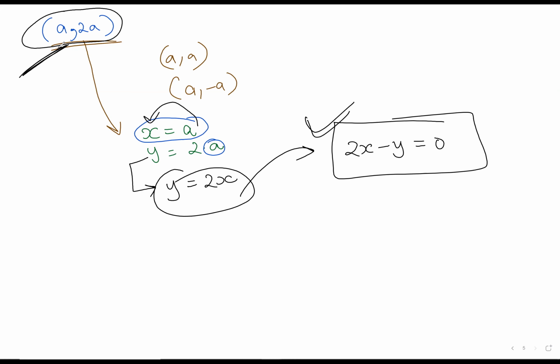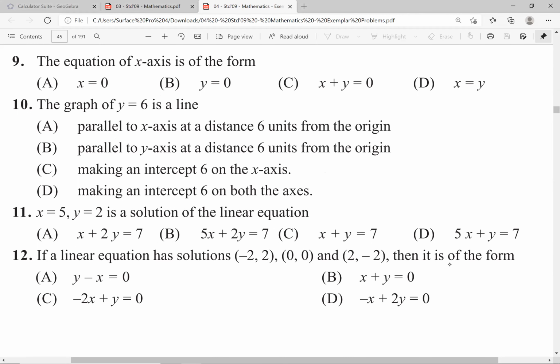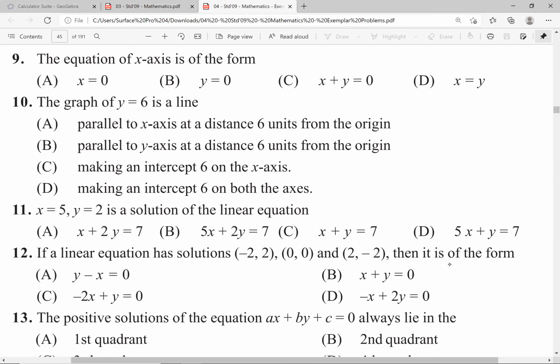All right. Okay, let's see who remembers this. The ninth one. Let's see who remembers.